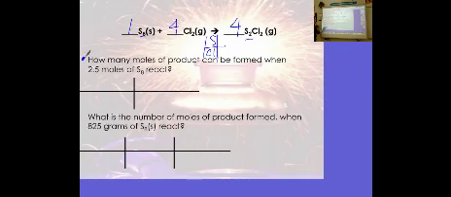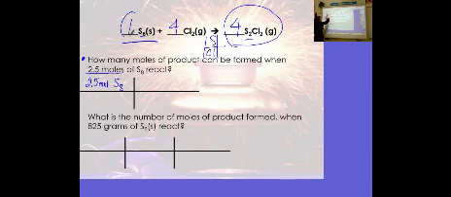Here's my first problem. How many moles of product, that's this guy, can be formed when 2.5 moles of S8 react? Start with what you're given. What am I given? 2.5 moles of S8.